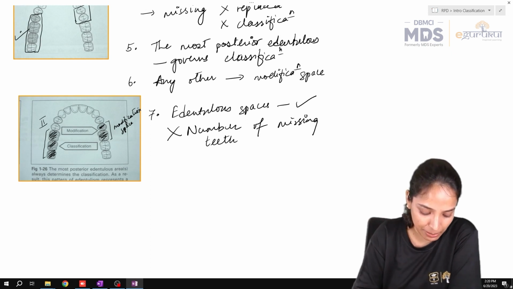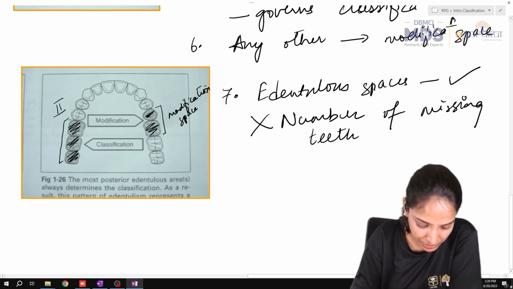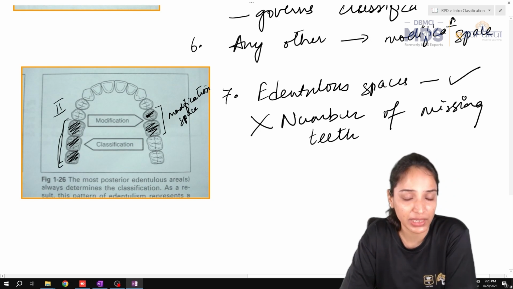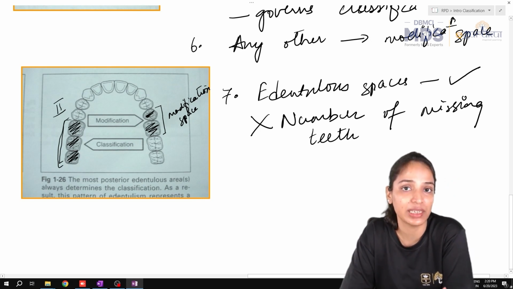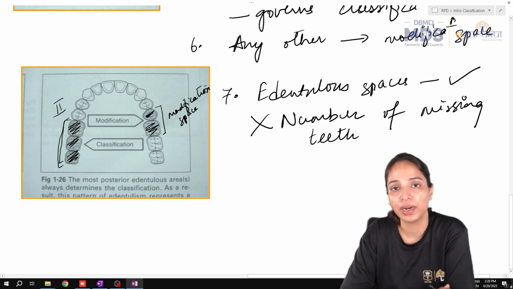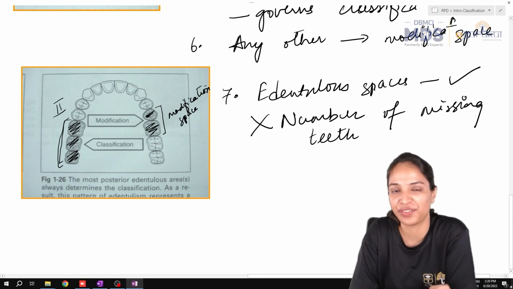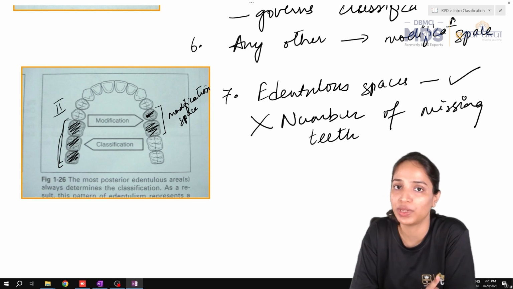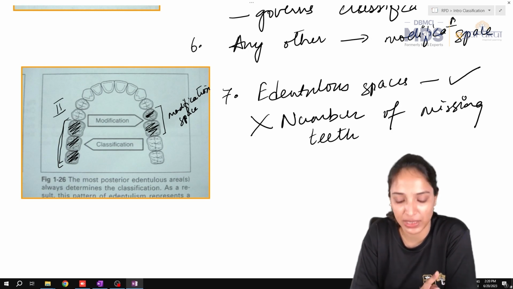Let me take an example here again. This was the edentulous span that was governing the classification and we called it Kennedy class 2. Now if you can see here, 2 teeth are missing, but we will name it as just one modification space and not 2, considering the number of missing teeth.